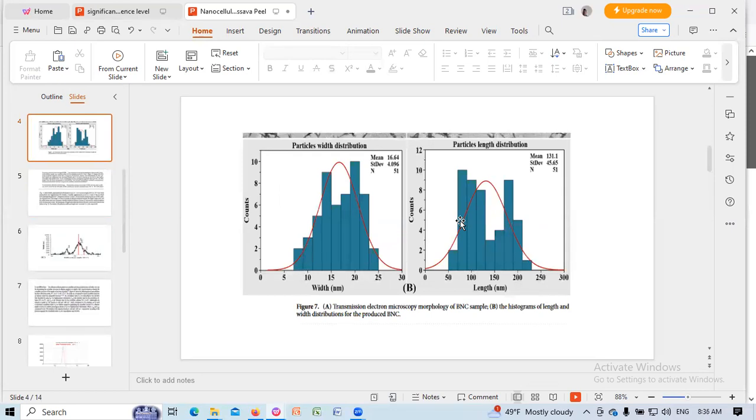The needle shaped nanocellulose in TEM shows diameter 8.54 to 24.91 nanometer, and length 65.36 to 217.3 nanometer.